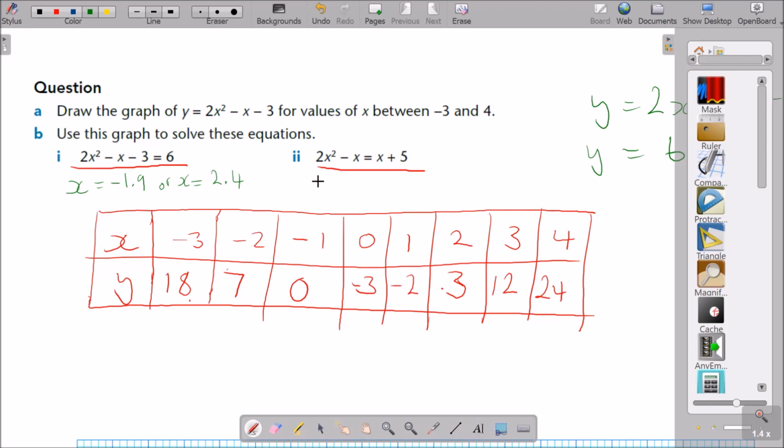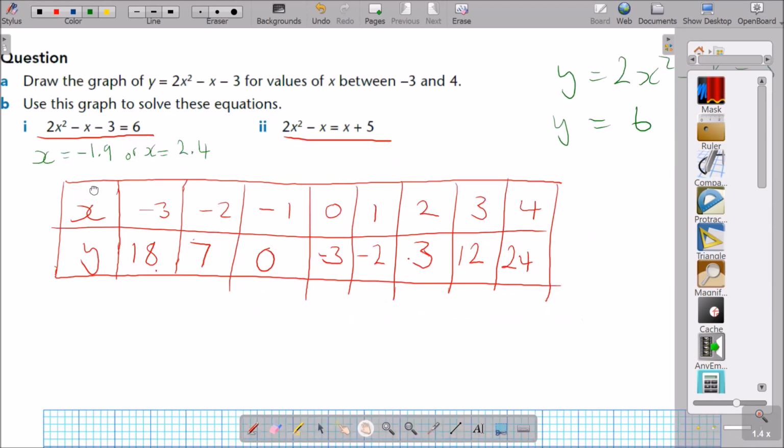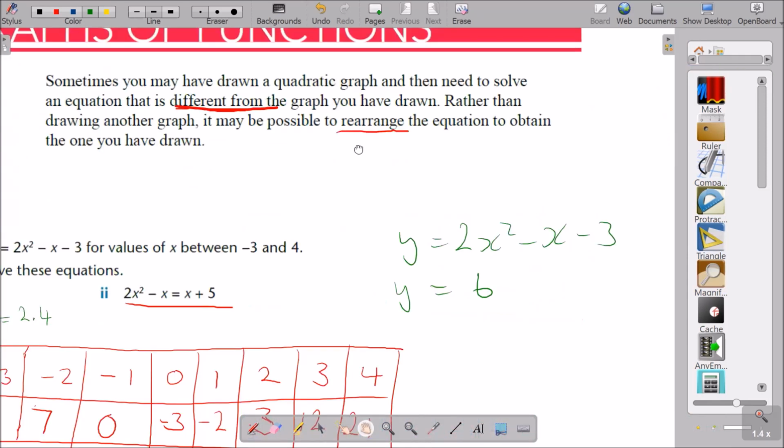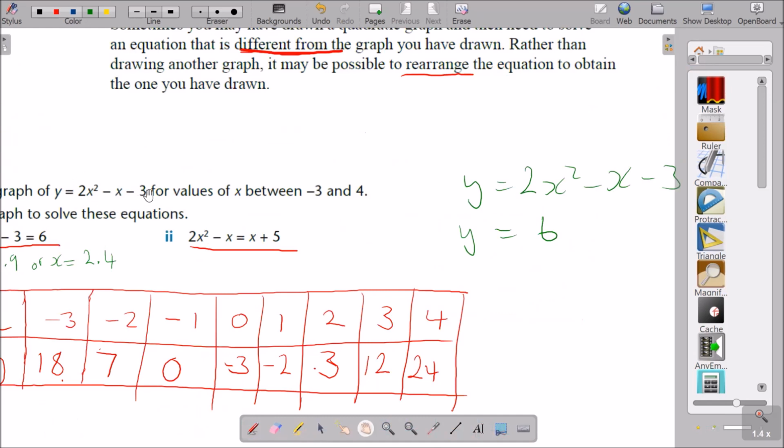Now for B, we have 2x squared minus x is equal to x plus 5. So we want to manipulate this equation, making sure it still remains the same, but it has one side with this expression, 2x squared minus x minus 3.